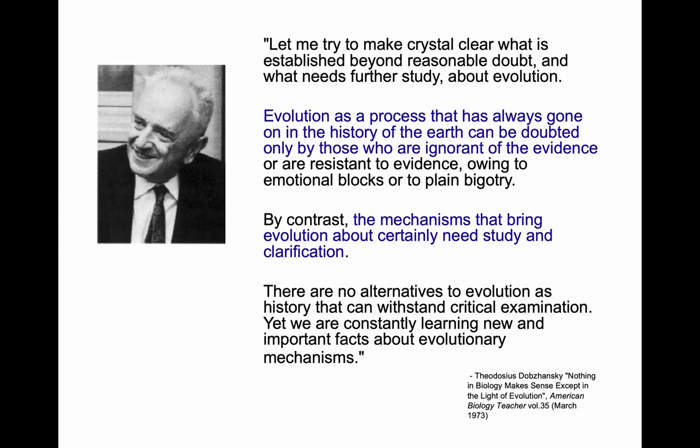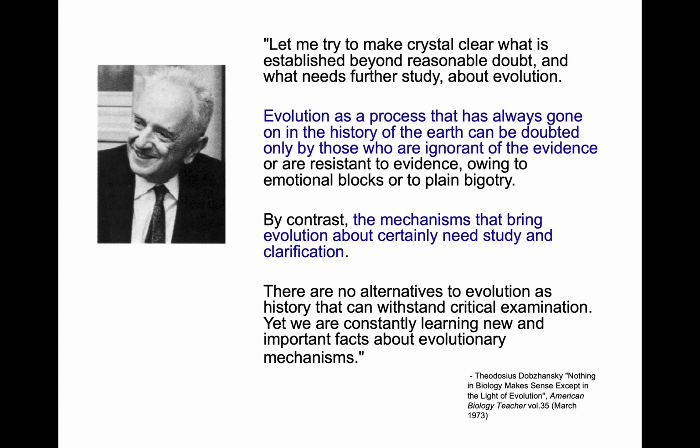There's this really fantastic quote by Dobzhansky, which I think helps us understand the difference between the theory of evolution and the hypothesis of natural selection. And he said, "Let me try to make crystal clear what is established beyond reasonable doubt and what needs further study about evolution.